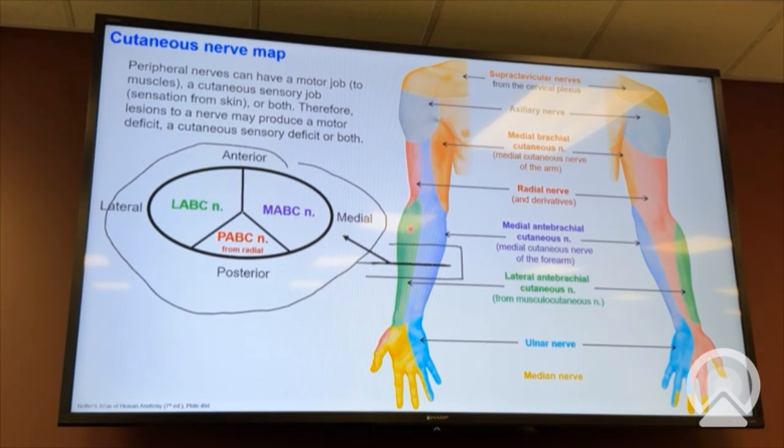Lateral will be here in green, that's a derivative of musculocutaneous, and medial from the medial cord. Then you have a posterior antebrachial cutaneous nerve, which comes from radial, and that would be on the back side. So if you slice all the way through the forearm, just like this, you have these 3 nerves covering it. That's just the skin territory, right? That's just the skin. The muscles on the inside, that's a different story.